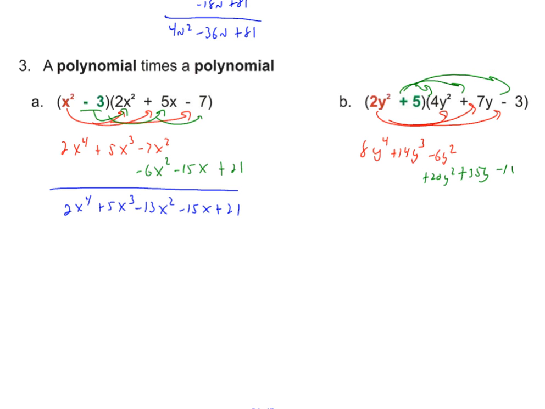And a negative 15. And hopefully you ended up with 8y to the 4th plus 14y cubed plus 14y squared plus 35y minus 15. All right, a little long, but not hard. You're just distributing. A little long, but not hard.